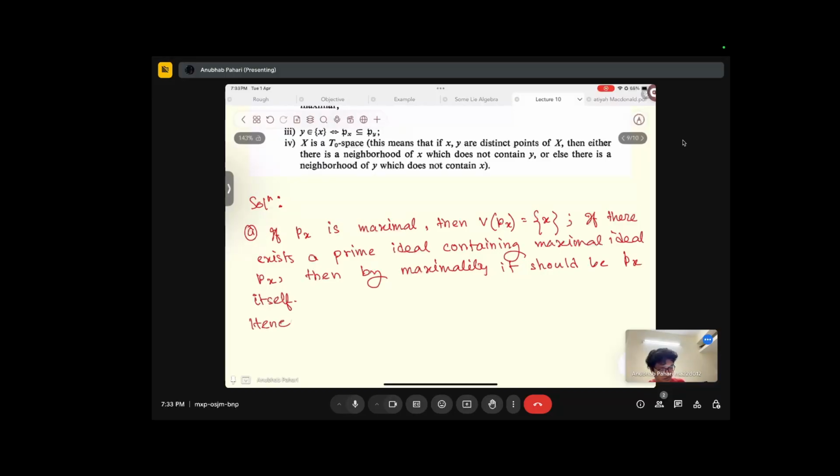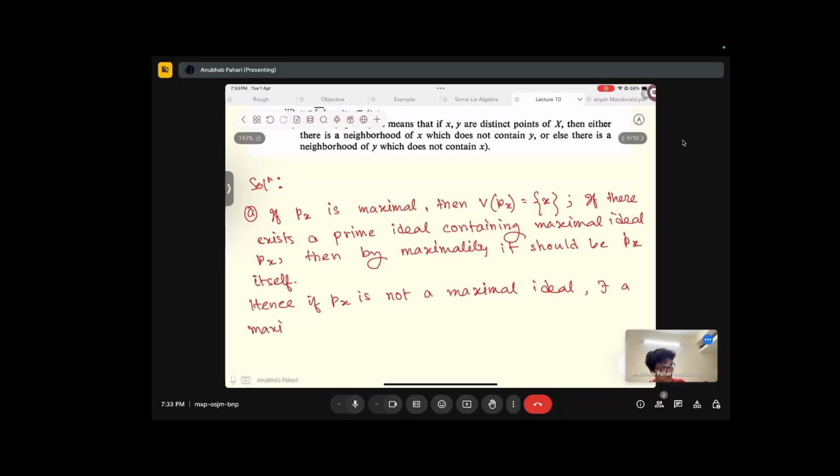Hence, if p_x is not a maximal ideal, there exists a maximal ideal M containing p_x properly.